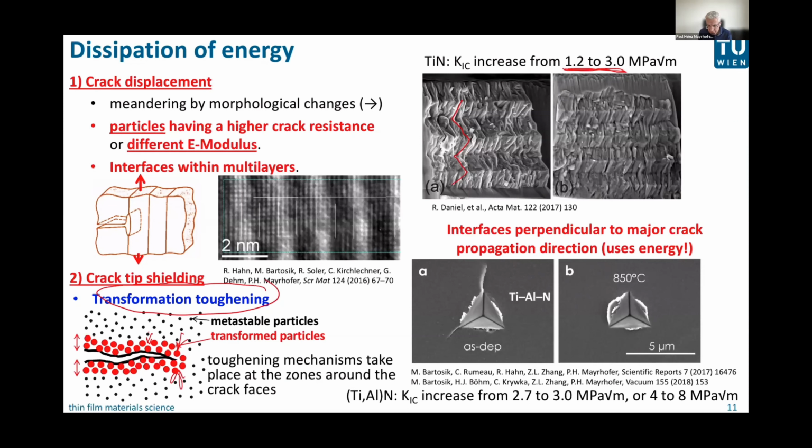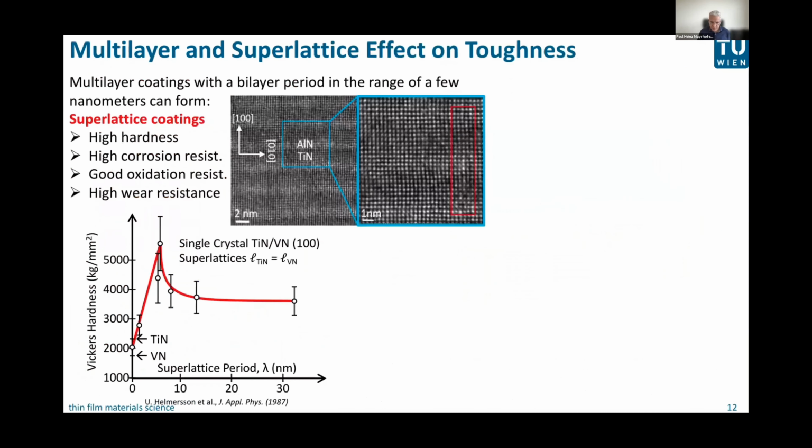That can be seen here, for example, titanium nitride, titanium aluminum nitride, in the as-deposited state shows rather pronounced crack formation. Whereas if we anneal that at 850 degrees C, please remember where we had the precipitation hardening and the formation of cubic aluminum nitride domains, then we actually miss these cracks.